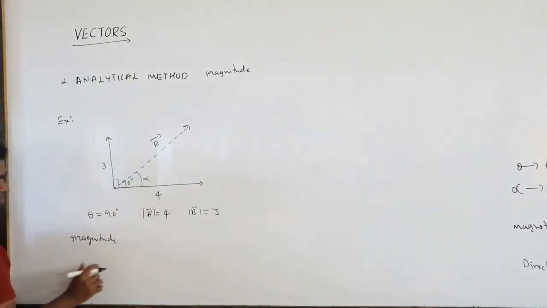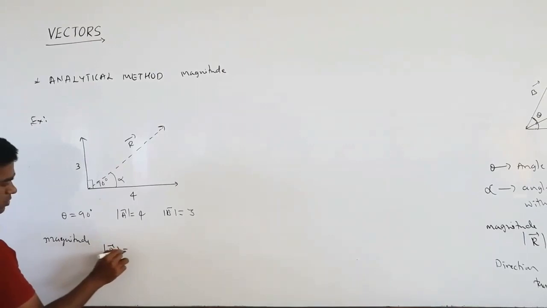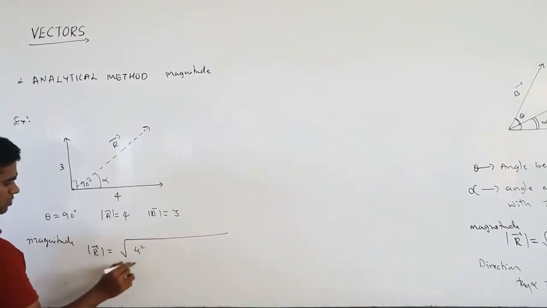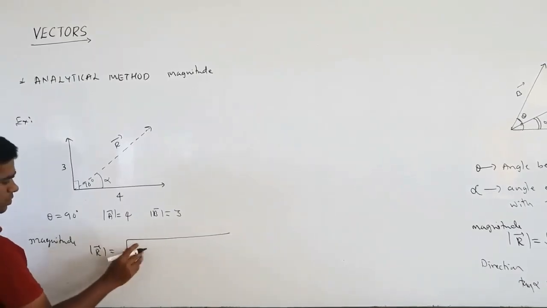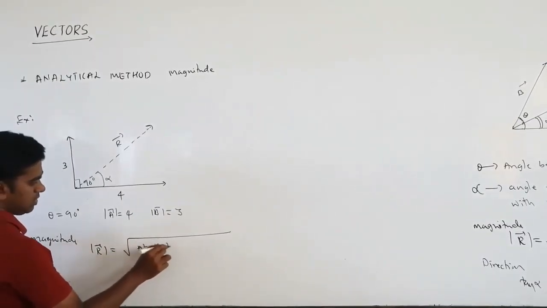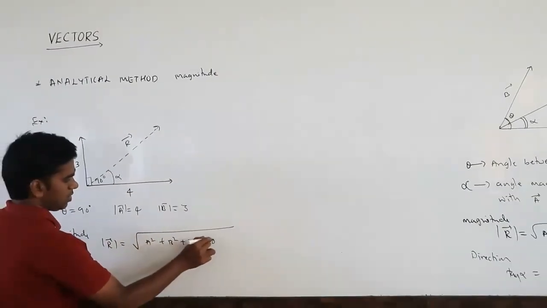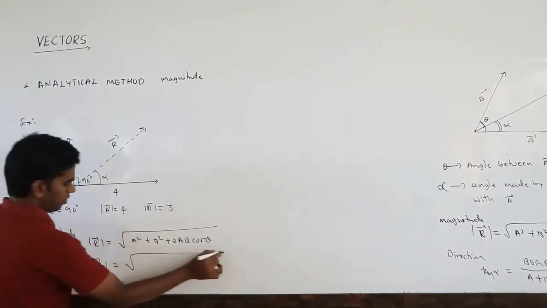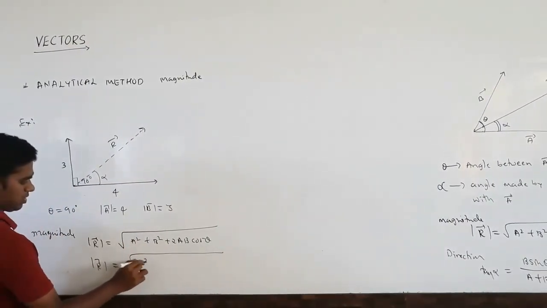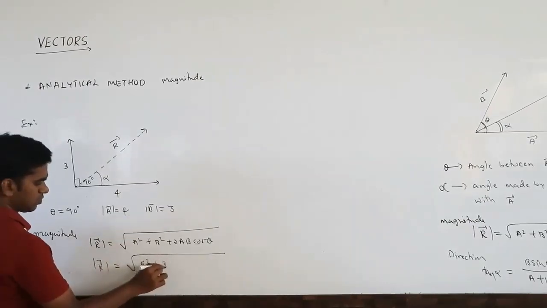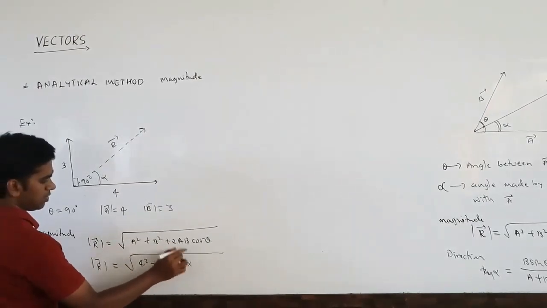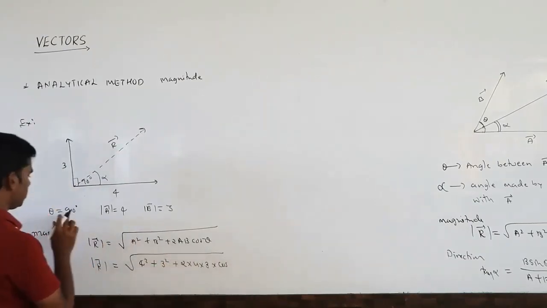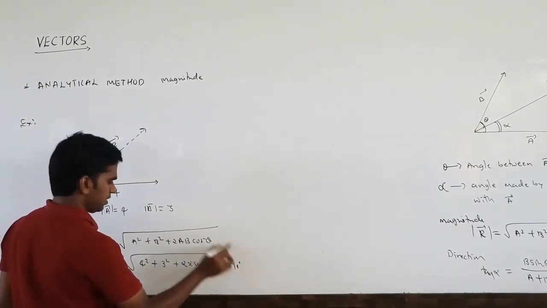So how can we find the magnitude? Vector R equals the square root of A square plus B square plus 2AB cos theta. So the resultant magnitude is the root of 4 squared plus 3 squared plus 2 into 4 into 3 into cos 90 degrees.